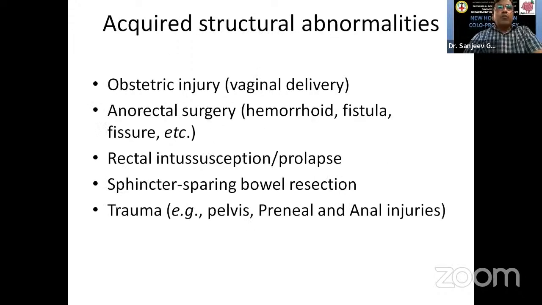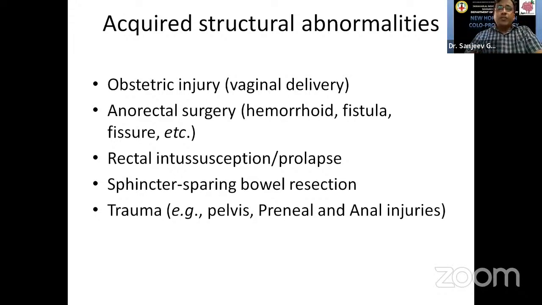So, mostly from the surgical perspective, we will get patients who have structural abnormalities, with injuries to the anal sphincter complex. It could be obstetric injury, or an anorectal surgery like hemorrhoidal surgeries, fistula in ano, fissure in ano.